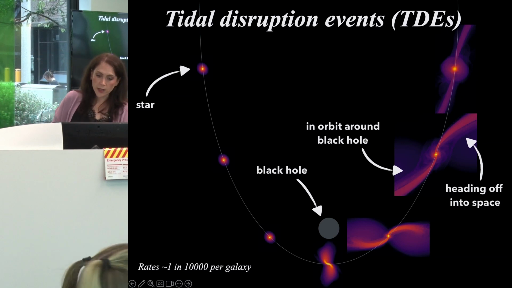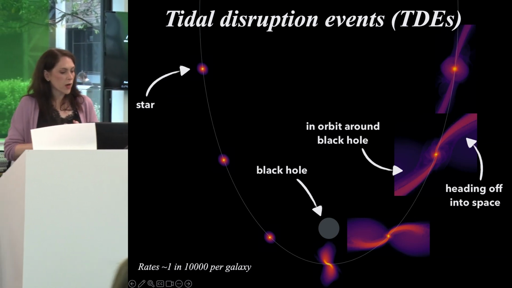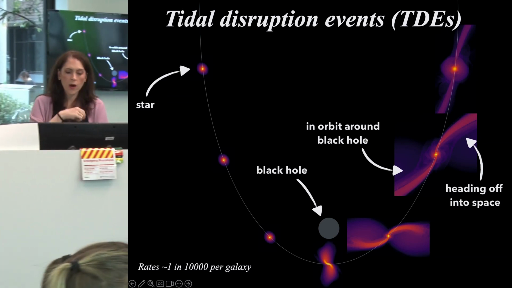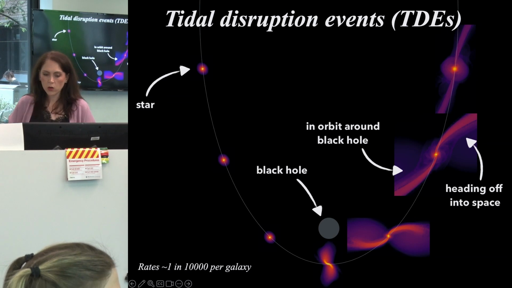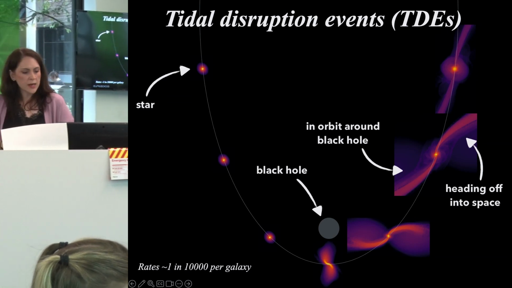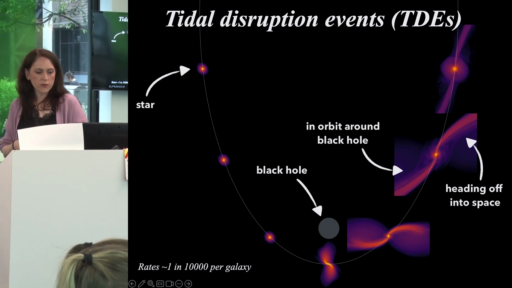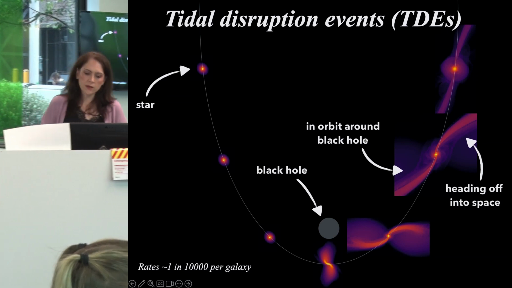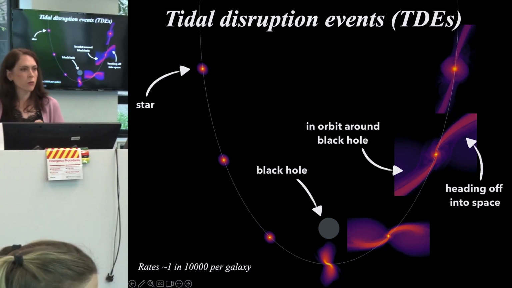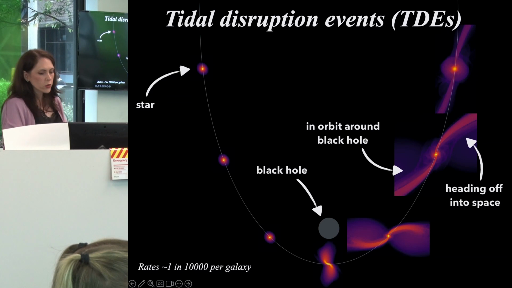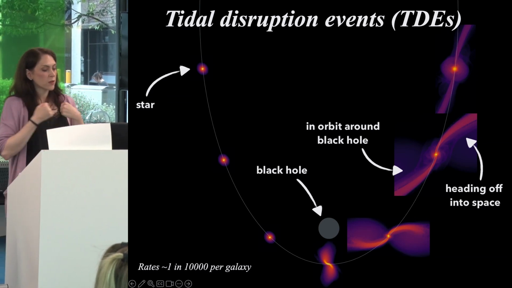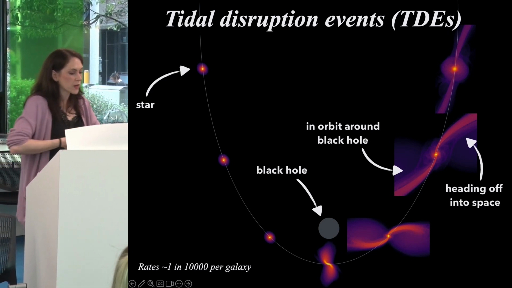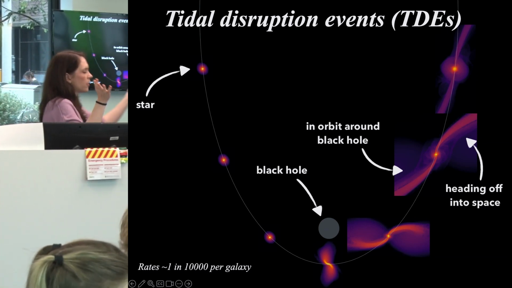A more direct way in which we can probe the existence of a quiescent or non-actively accreting black hole at the center of a galaxy is by using something called a tidal disruption event. A tidal disruption event occurs when a star orbiting a massive black hole gets so close to the black hole that the gravitational forces become so large that it rips the star apart, right?